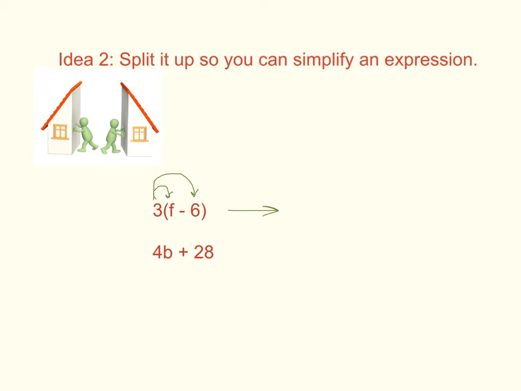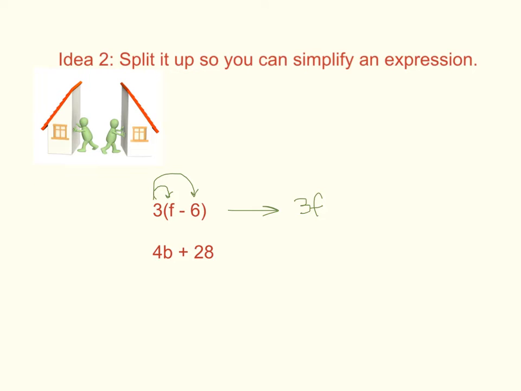I have a variable and a constant, one of which I can solve, and the other which obviously I cannot, so we say we're just simplifying this. So because the 3 is right next to the parentheses, I know I'm multiplying. So I'm multiplying 3 times f. How do you write that algebraically? You write it as 3f.